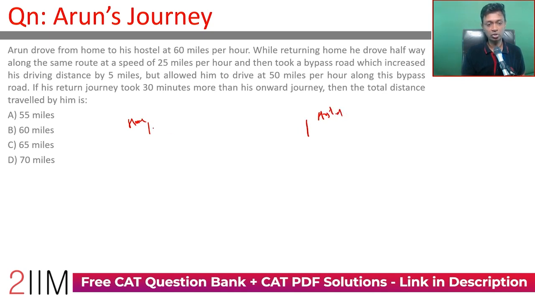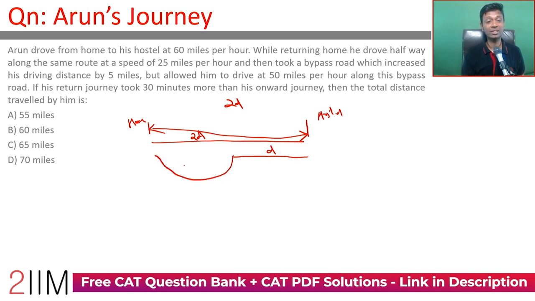Let's say this is a distance of 2d. Why 2d? Because there's some number which says half the distance. And so he takes this route at 2d, he travels one way. Second time around, he drove half the route d and then took a bypass which increased the distance by 5 miles, made it d plus 5. This is the bypass.